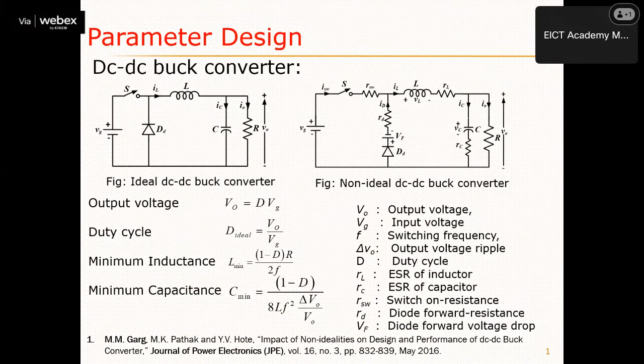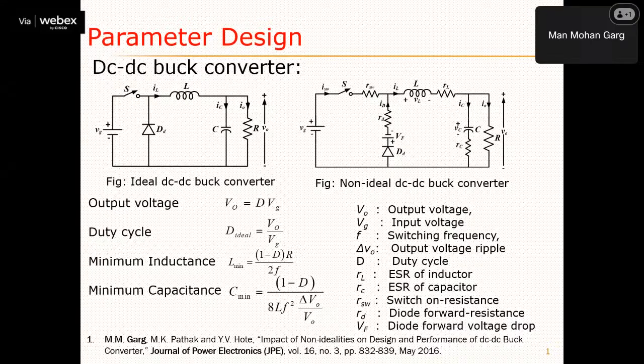Okay, so far we have discussed in detail how to design the converter parameters, then how to model it. We have taken everything to be ideal. Then, for the boost converter, we have seen the impact of considering non-ideality on the performance.